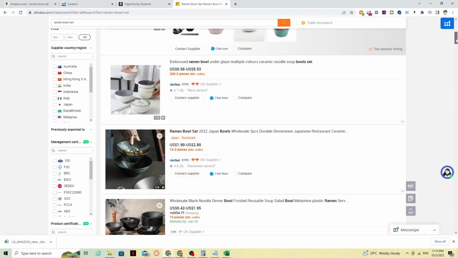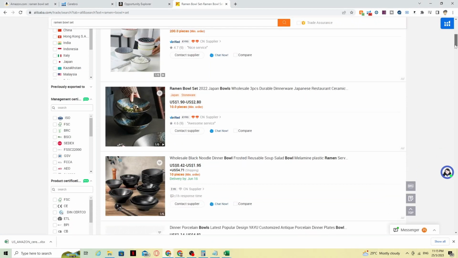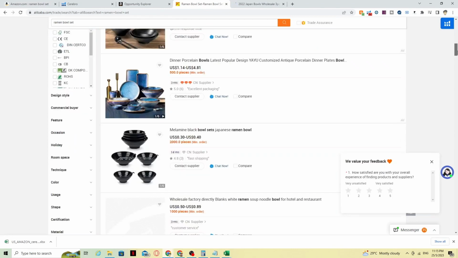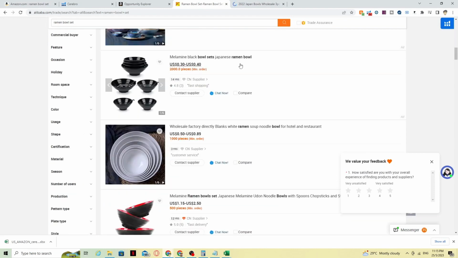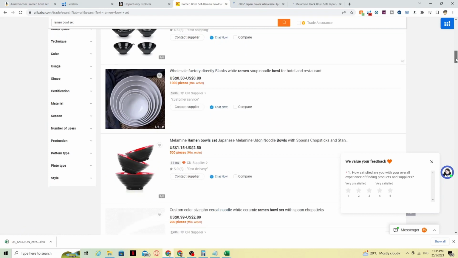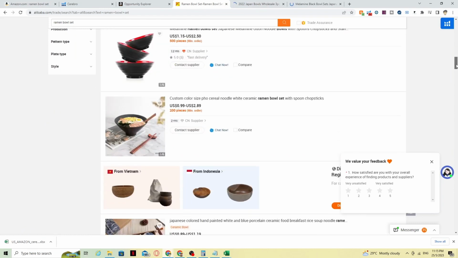Ramen bowl set. Okay, so this actually looks very affordable and beautiful, by the way. Let's say this is like one of our suppliers' price point, or even like this also, maybe another one like this.